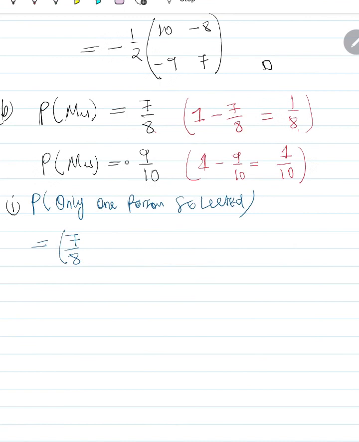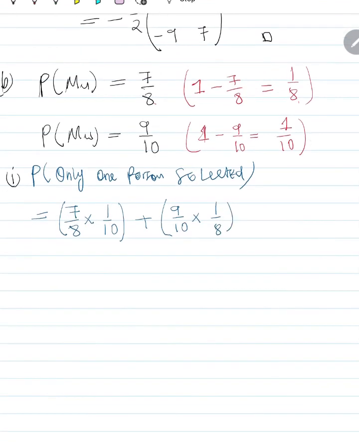If you select Mutola, which is 7/8, you cannot choose Mwaba, which is 1/10. So you take the product. Okay, then you add the probability of selecting Mwaba, which is 9/10, multiplied by the probability of not selecting Mutola, which is 1/8.